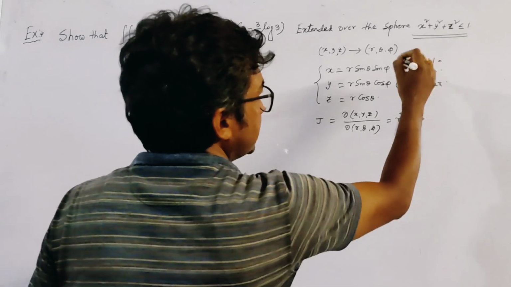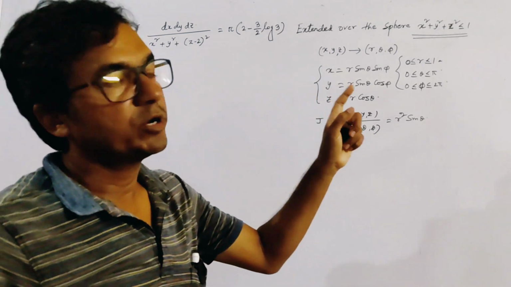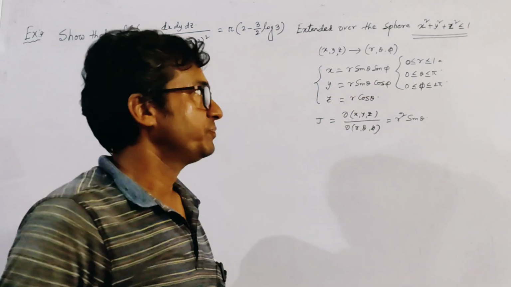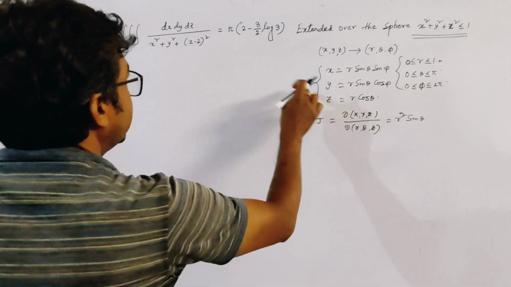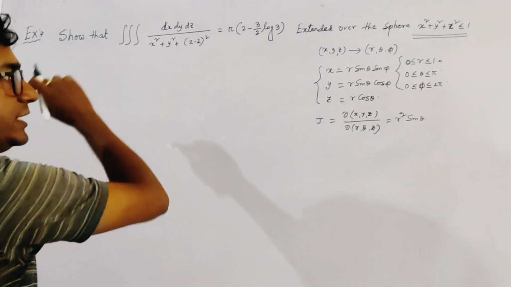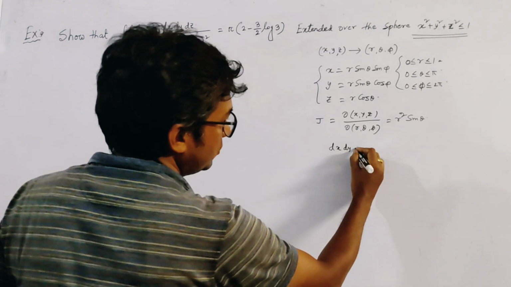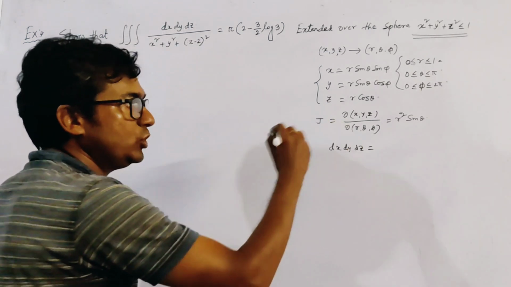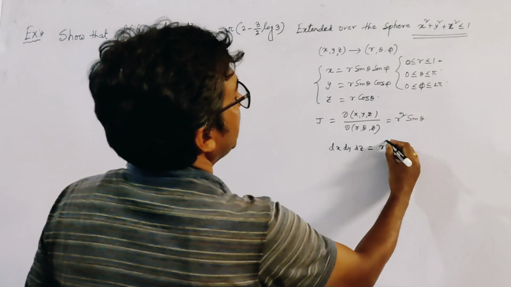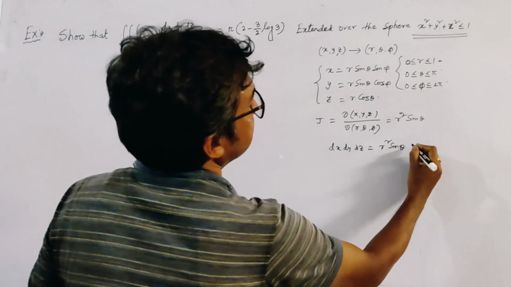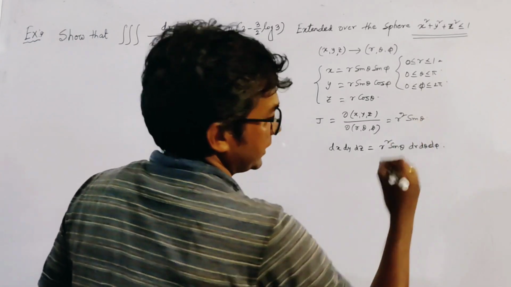We also discussed the range of integration in the spherical coordinate class. Now we put the values of x, y, z in the integrand, and the elementary volume element dx dy dz is equal to r square sin theta dr d theta d phi.